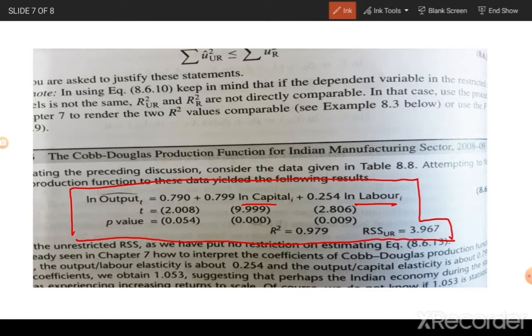The intercept, on the other hand, has a p-value of 0.054, which is greater than 0.05 if you assume alpha to be 0.05. So it is not significant at 5% level, but it is significant at the 10% level of significance.